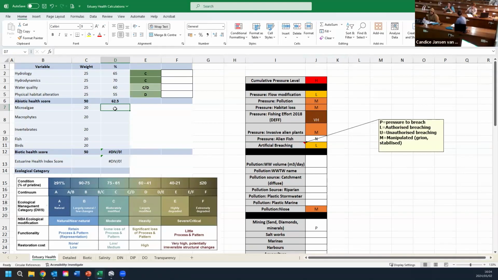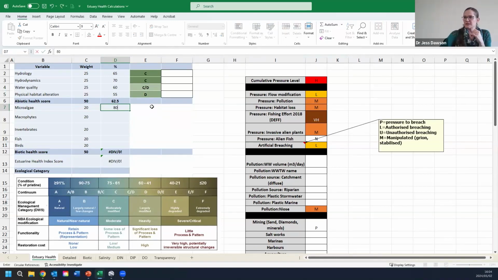It would probably be around 80%, still very high. 80%, looking fairly healthy in this area.